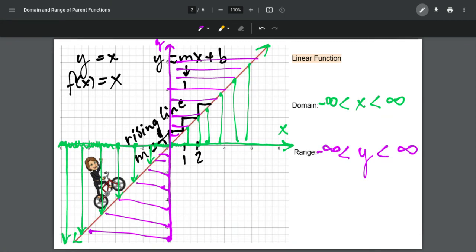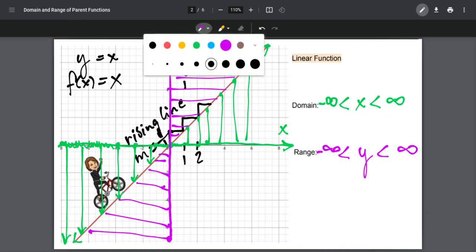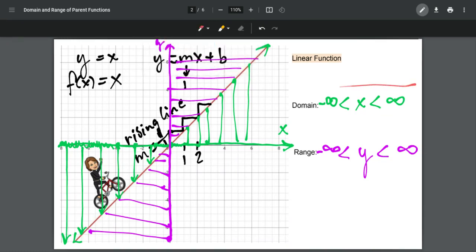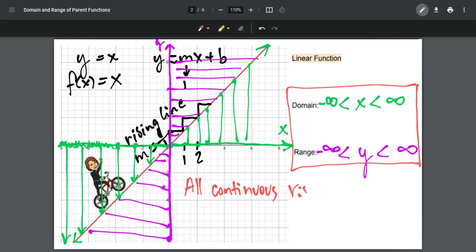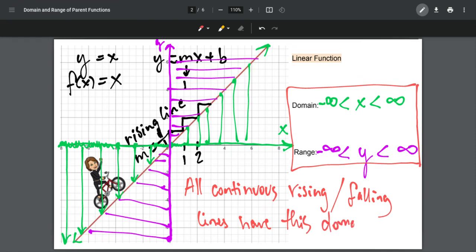Boom. And that is the domain and range of all rising and falling lines, as long as they're not restricted. All continuous rising and falling lines have this domain and range.